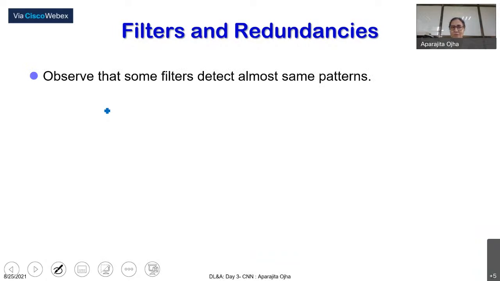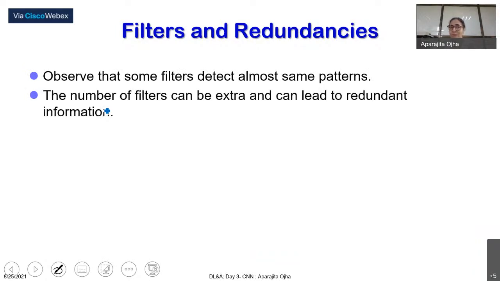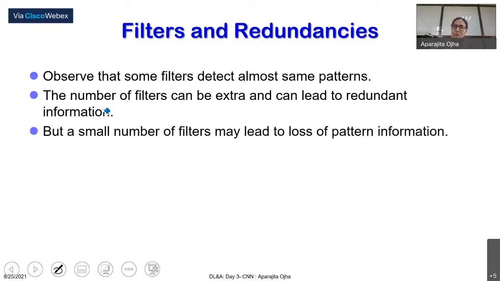So I told you that some filters detect almost the same patterns. So the number of filters can be extra and can lead to redundant information as well, as you saw. But if I take a small number of filters, sometimes we fail to capture the image characteristics. And therefore, it is always better to choose a larger number of filters than stick to a small number of filters. If you choose a large number of filters, the number of weight parameters will be high.